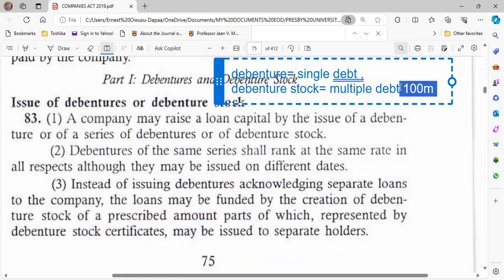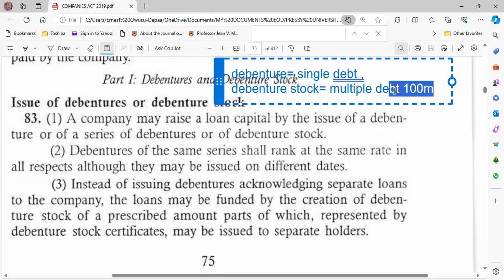Then the company may have to structure it. Okay, we need 100 million, but we know that 100 million is difficult for an individual or entity to make available. So we have this block debt of 100 million, and we have the acknowledgement written for the whole of this.